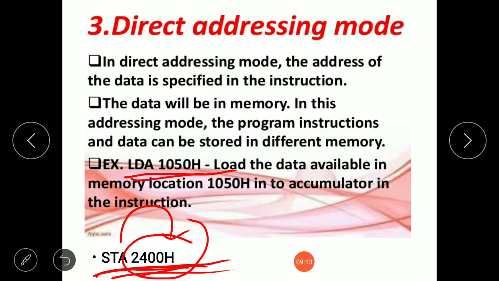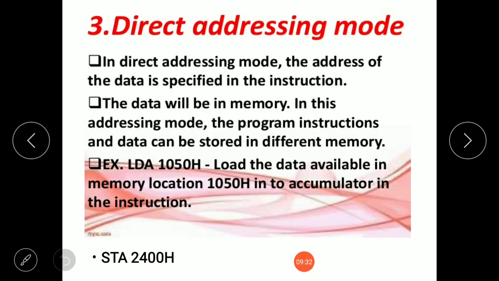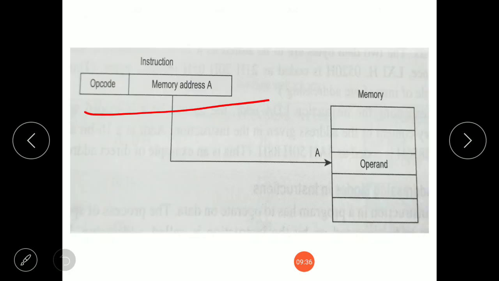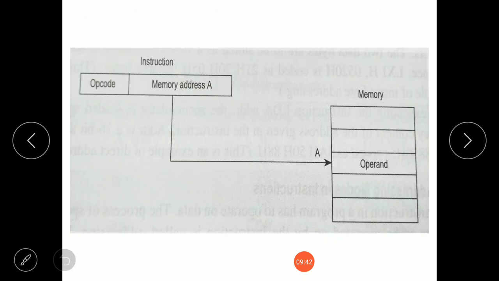Or take LDA 1050H. What is the function of this instruction? It loads the 8-bit content of the memory location, whose address is given, into the accumulator. This is the format for direct addressing mode. How is the format written? We have the opcode and the memory address. Any instruction written in this format will come under direct addressing mode.